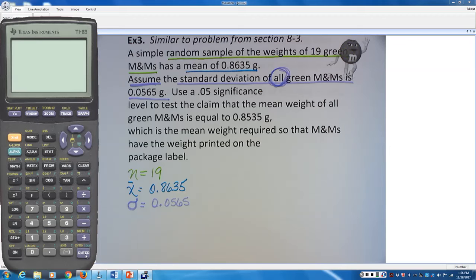Those machines are set to only use a certain amount of chocolate, and a certain amount of that candy coating.